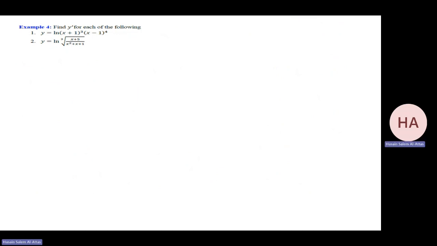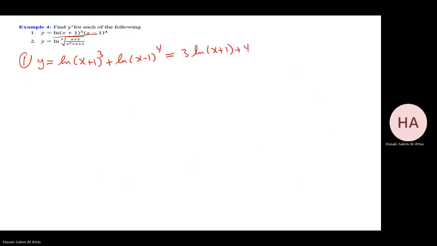Now for the logarithmic differentiation, before the logarithmic differentiation, if I have ln, it is very clear to me I can use the ln properties before I do the derivative. So that will be ln (x plus 1) cubed plus ln (x minus 1) to the power 4. That will be 3 ln (x plus 1) plus 4 ln (x minus 1).